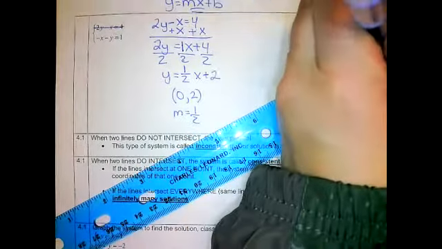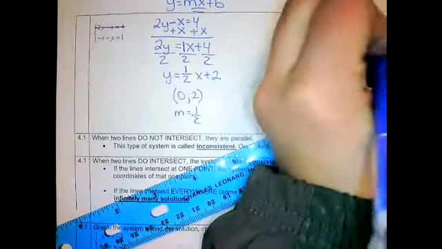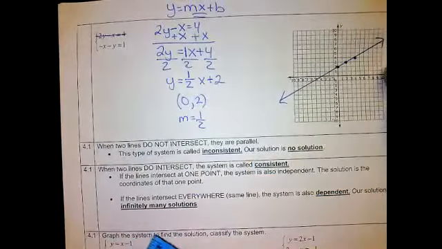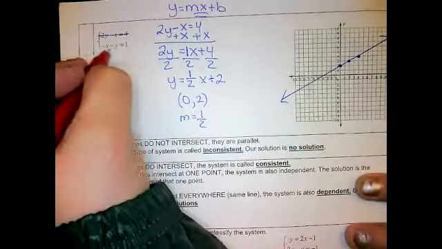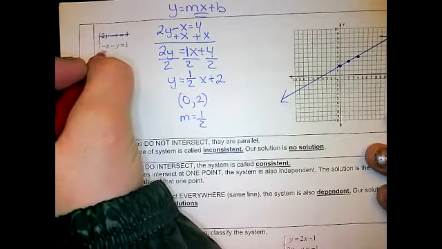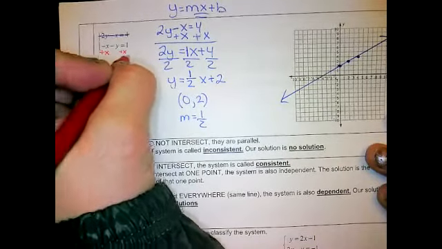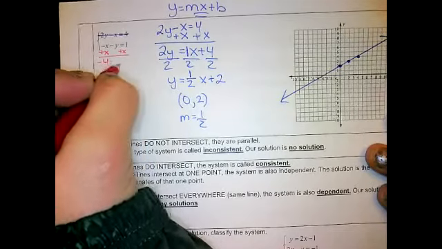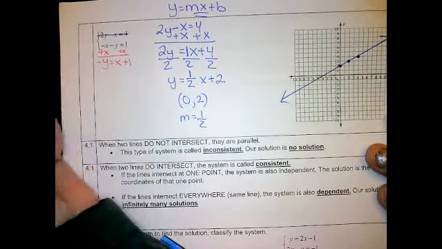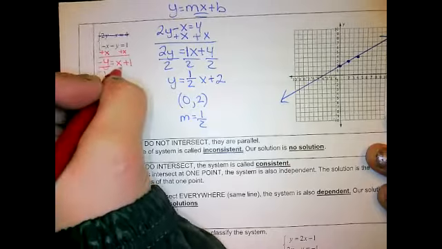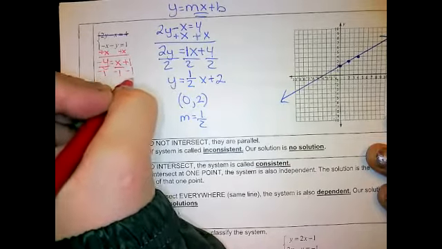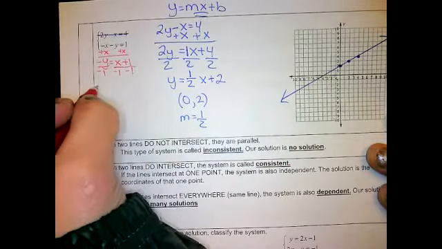I'm going to connect those points. And now let's go on ahead and solve this one. So my first step is always to move my x's to the other side. So I get negative y equals x plus 1. Now I need to divide every single term by negative 1 to get that y all by itself.